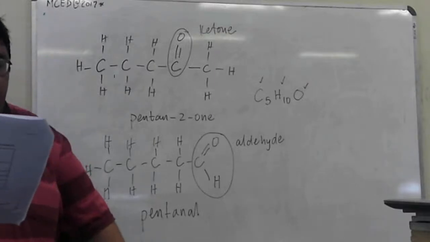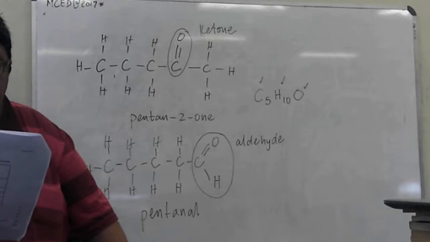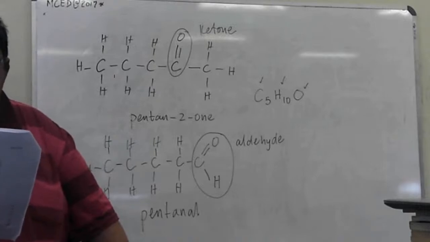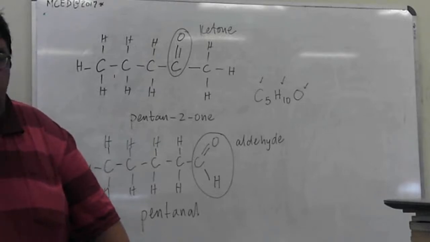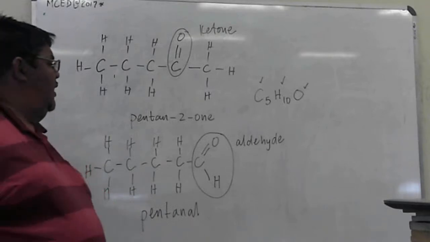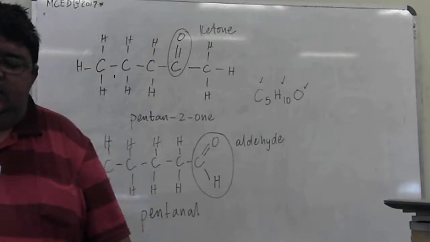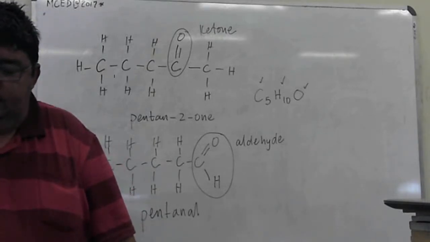4.1.4, write down the letter that represents the compound that belongs to the homologous series with general formula CnH2n. CnH2n, that is an alkene, and our alkene on show is number D, which is butene.